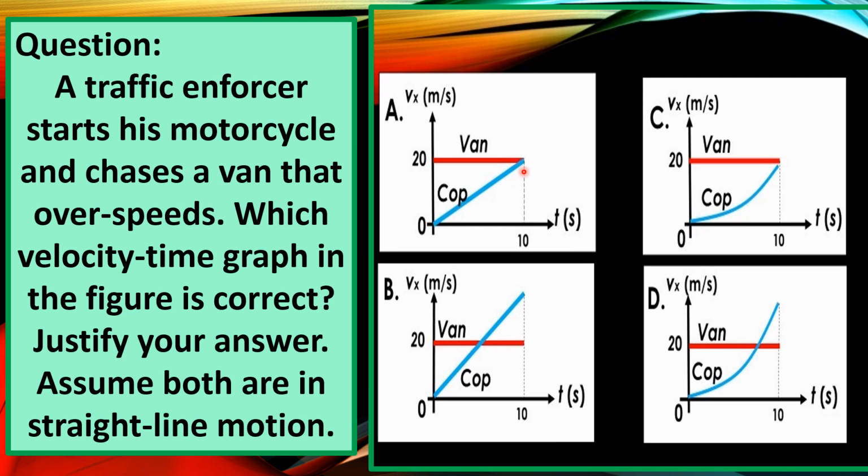So the answer is, at time t equals 5 seconds, we say that the velocity of the van is 20 meters per second, or positive 20 meters per second.